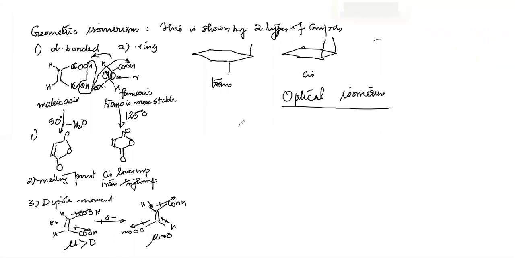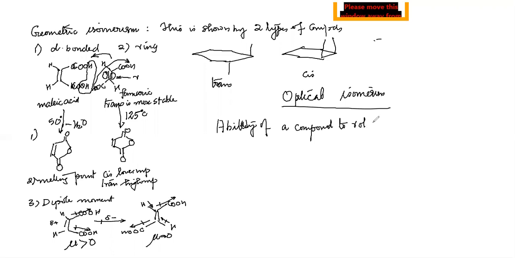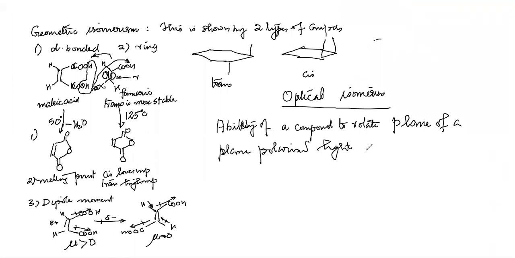What is optical isomerism? The ability of a compound to rotate the plane of plane polarized light to either left or right.